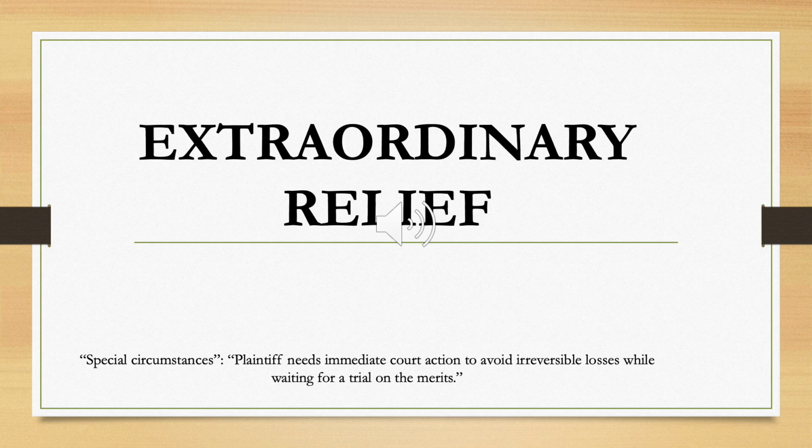The Henry COVID-related restrictions case further explains the difference between the TRO and preliminary injunction. Again, noting that, as with TROs, these are often described as extraordinary forms of relief.